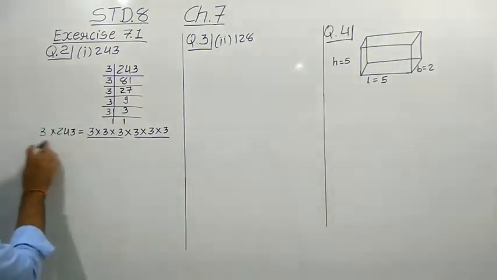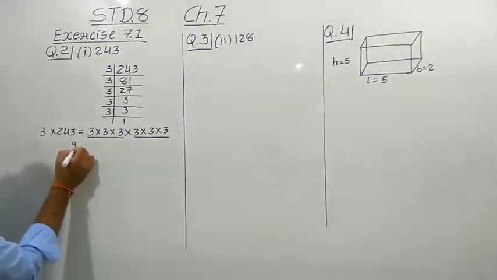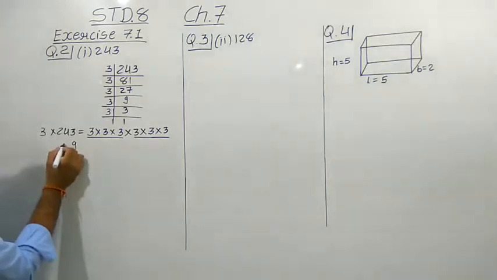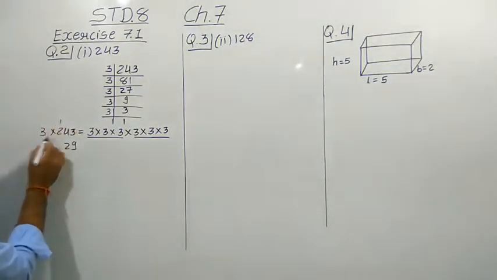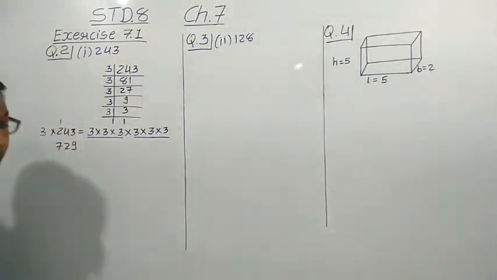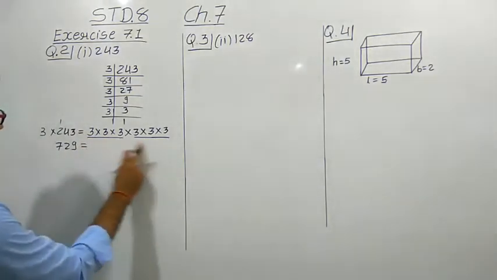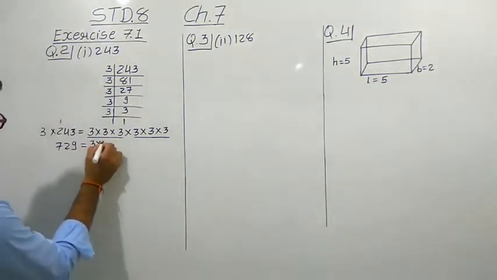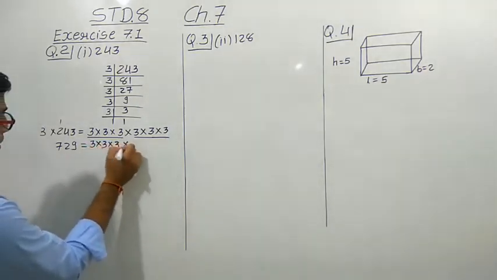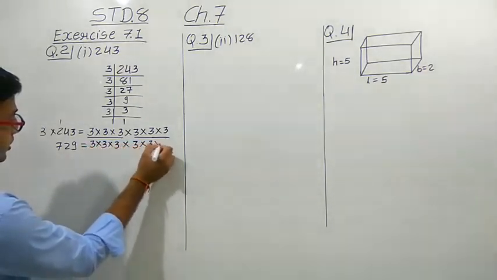Now multiply this number. 3 3s are 9, 3 4s are 12, 1 carry, 3 2s are 6 plus 1 is 7, so 729. And here we get the same factors, 3 into 3 into 3 and 3 into 3 into 3.